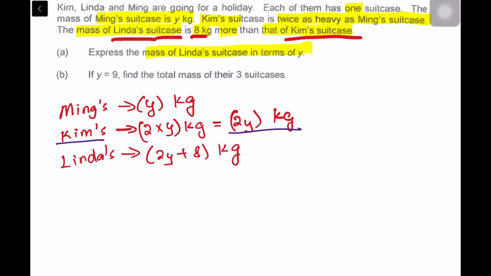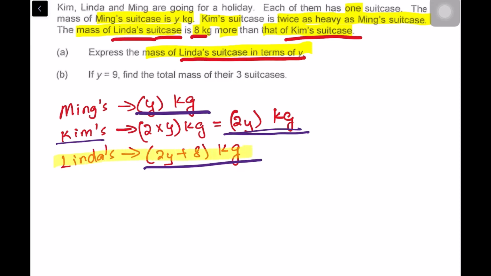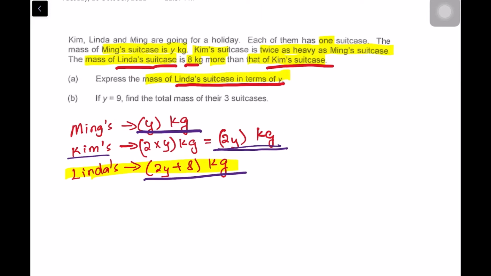Let me just underline them. So these are the three masses we have. So, express the mass of Linda's suitcase in terms of y. There we have it. Linda's suitcase in terms of y is 2y plus 8 kilograms. This is part A.